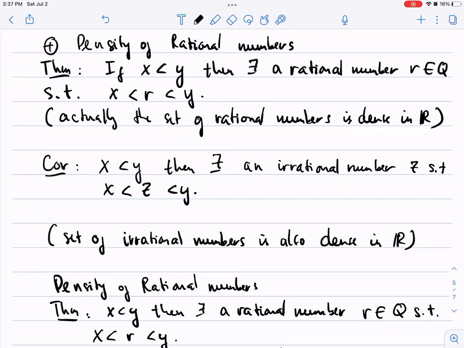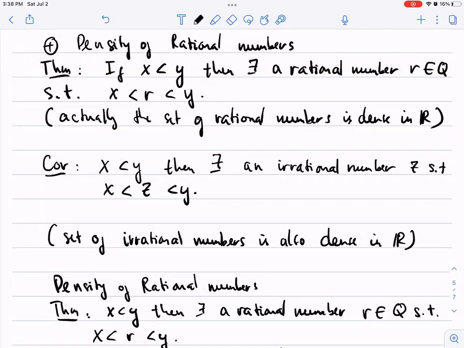In other words, there are many holes in the set of rational numbers if we visualize them as points on a real line. Nevertheless, the statements we're going to see here show that even though the set of rational numbers is a proper subset of the set of real numbers, it is actually everywhere.